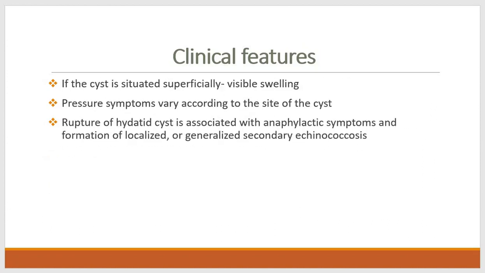If the cyst is situated superficially, you can see a visible swelling. The pressure symptoms vary according to the size of the cyst. If the cyst ruptures, it is associated with anaphylactic symptoms and formation of localized or generalized secondary echinococcosis.